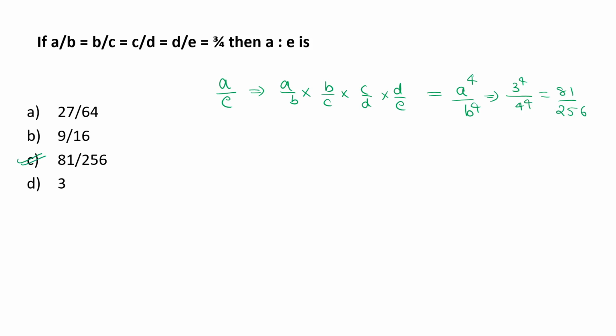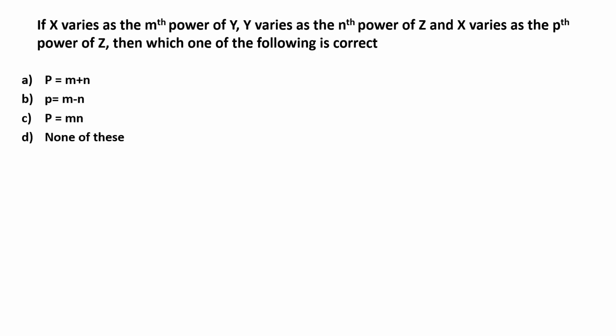Okay. Next one. If x varies as the mth power of y, y varies as the nth power of z, and x varies as the pth power of z, then which of the following is correct? Just pause the video and read the question again to get a complete understanding of the information given.